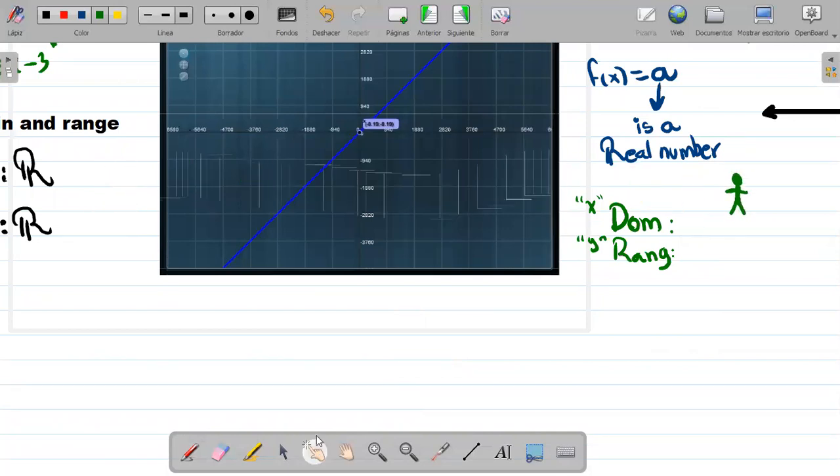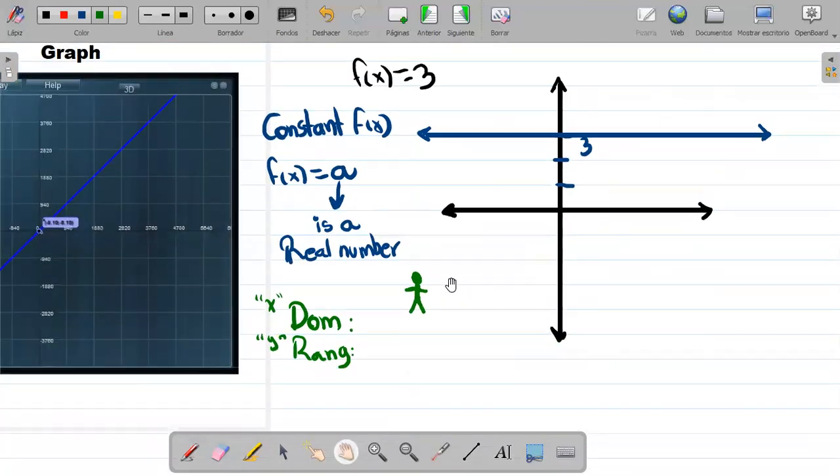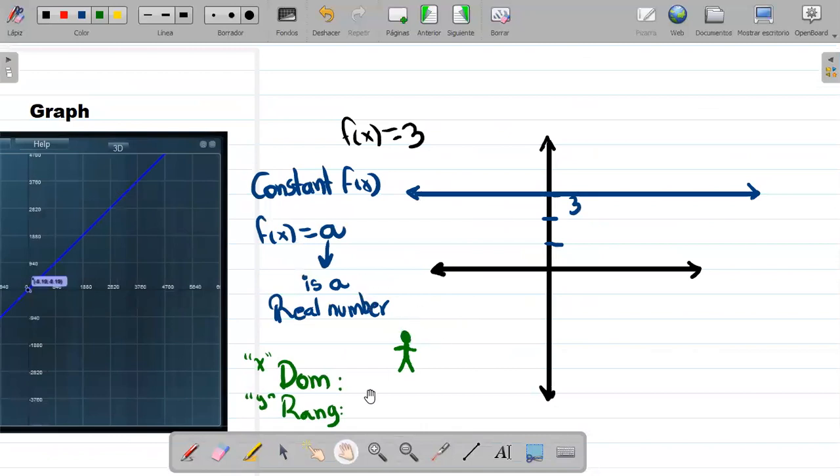And practically, we can use the idea of the man, to see if he can pass to the other side or not. Talking about the domain, if I want to make this guy pass to the other side of this wall, is that possible? Right now, no. There's no gap, no space that will let him pass.